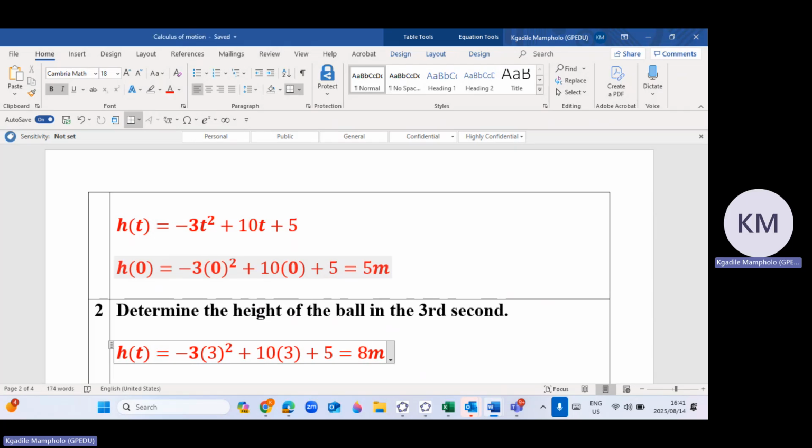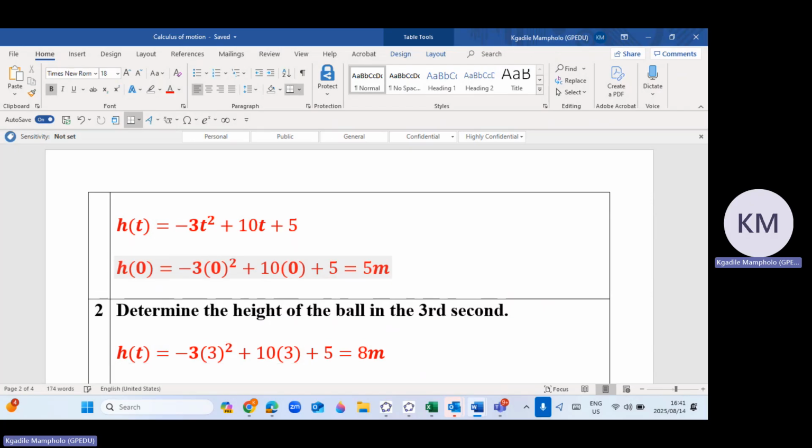By looking, you can see that the ball was thrown, or projected, vertically upwards. If the height increases, it means it was going up. If they say determine the height of the ball 3 seconds after it was thrown, you just substitute t as 3, because time is in seconds, and the answer will be 8 meters.